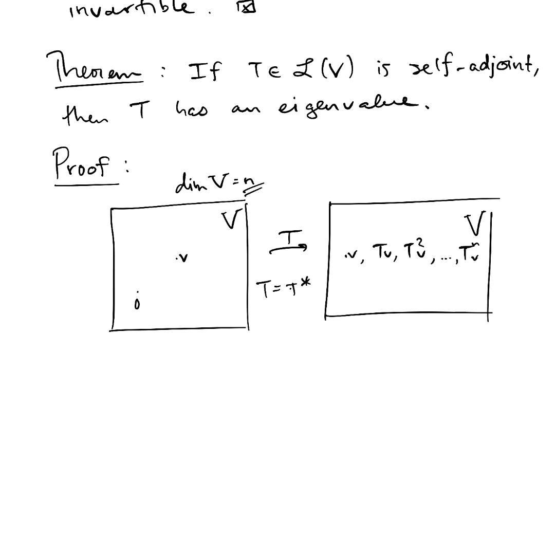Now look at this list. It's got n plus 1 vectors on it in an n-dimensional vector space. Therefore, the list can't be linearly independent. In other words, some combination of the vectors on that list comes out 0.